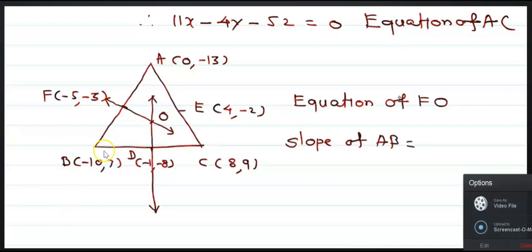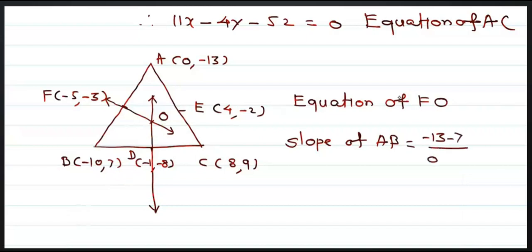Now the next is also a big problem, that is to find out the circumcenter. Take the midpoints and find out the equation of FO, the equation of DO, and find their point of intersection. Then you will get the coordinate of the point O. That is AB.